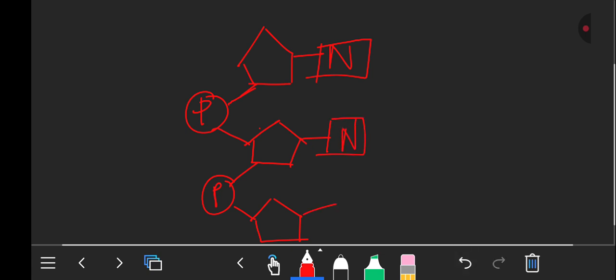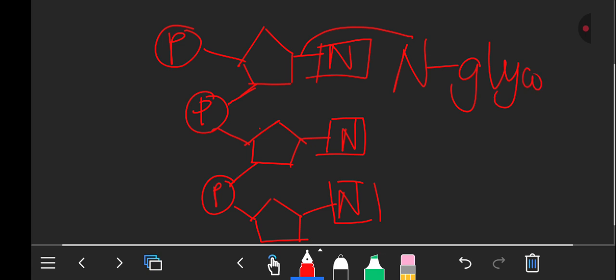Then of course let's say another phosphate group there. Okay, so let's understand something interesting here. Of course, we understand that the bond between this pentose sugar, which is the ribose, and the nitrogenous base, we've called the N-glycosidic bond. N from nitrogenous, glycosidic bond.